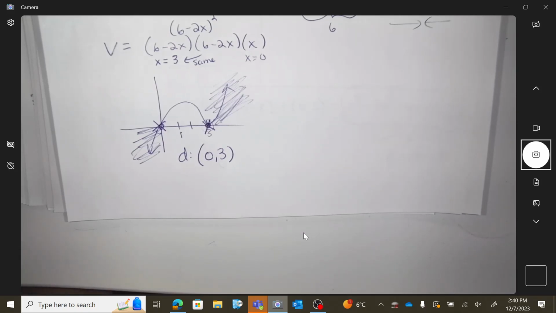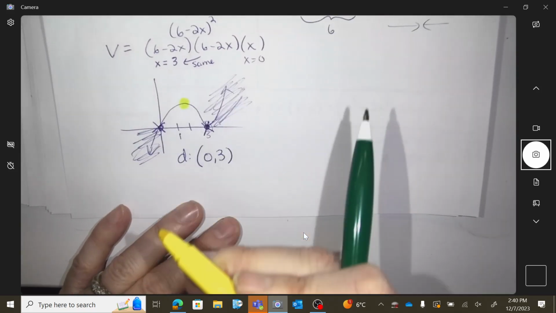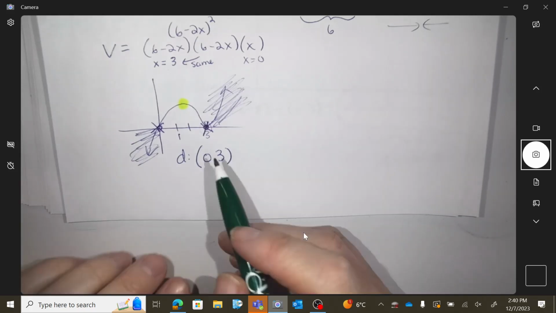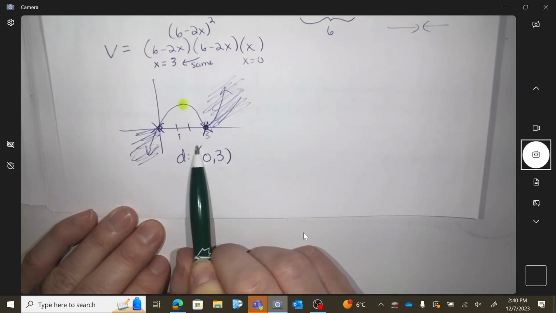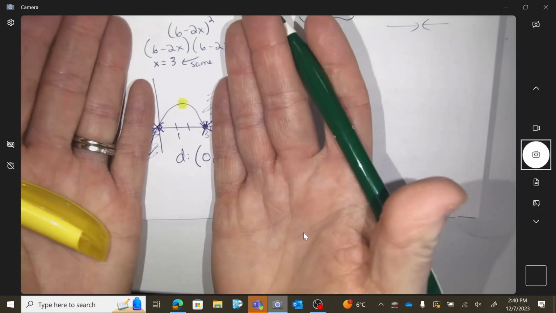And the last question, estimate the max volume. So where would you put the max volume? Whatever you're estimating. So what kind of x value do you want to try? 1.5? I'm just going to go in the middle of it.